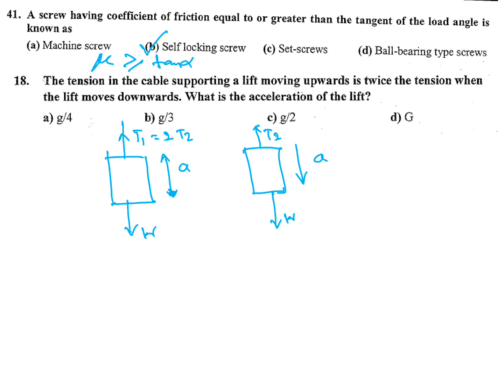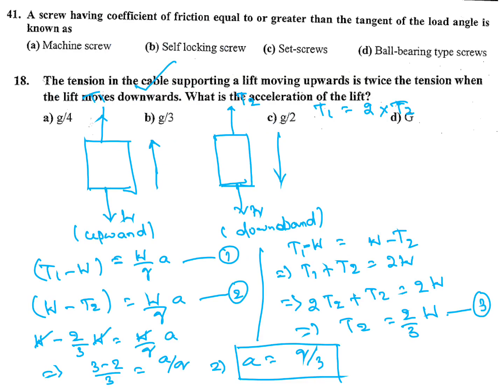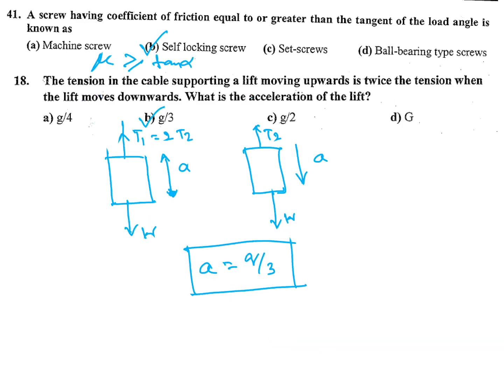If we solve here, already discussed. In ISRO, so many times questions are repeating. So we got question number 22 and question number 18, 2 times asked. B is our answer. Same question with same data.